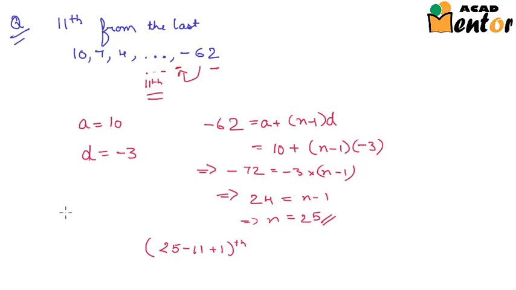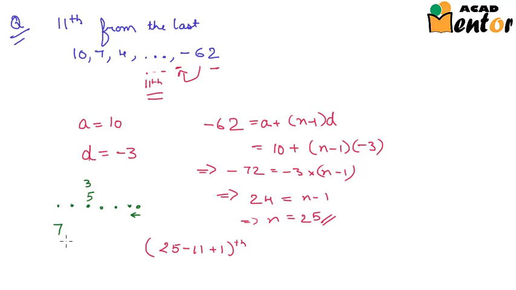This will be because, say you have 7 dots. Now the 5th dot from the back would be 1, 2, 3, 4, 5. This one would be the 3rd dot from the front. Correct?